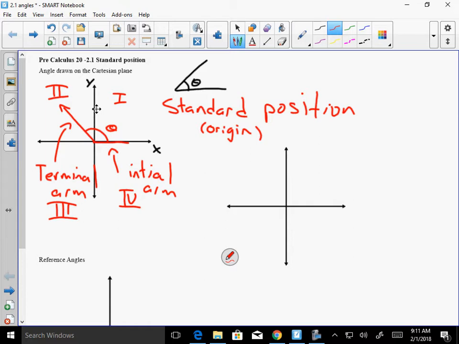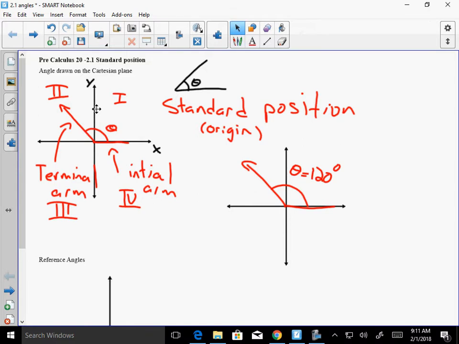Okay. Now, to measure an angle, it's really straightforward. Draw your initial arm, draw your terminal arm, and then whatever that measurement is. Like, let's say this is 120 degrees. Or if we did another one, let's say we had a line coming off like this.